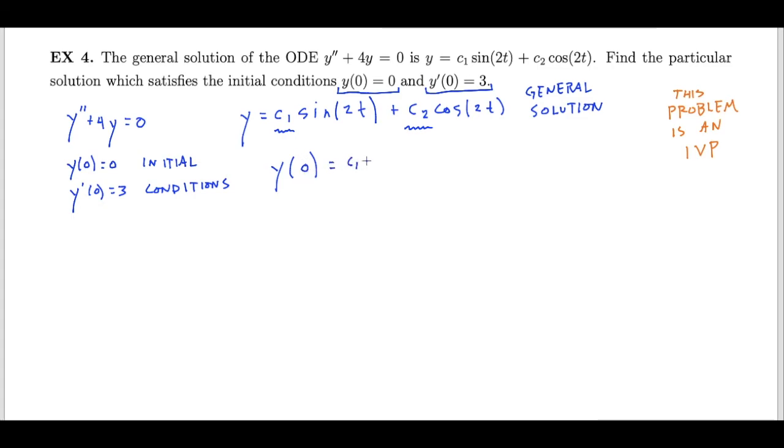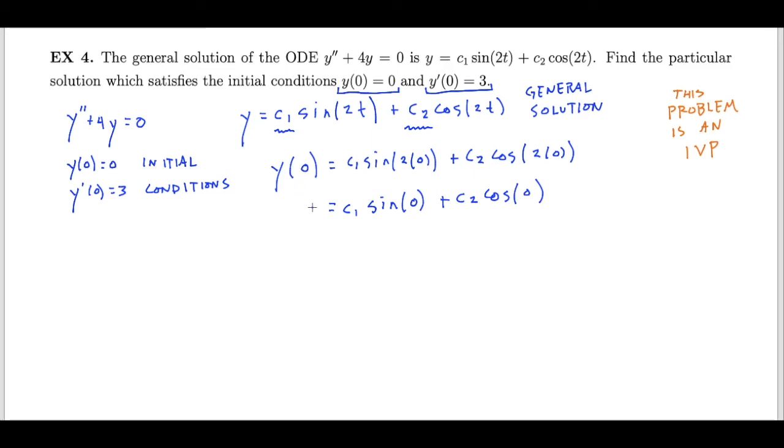So that gives me C1 sine of 2 times 0 plus C2 cosine of 2 times 0. I can simplify that. And then this output, when I plug in t equals 0, we're told that the output value should be 0.